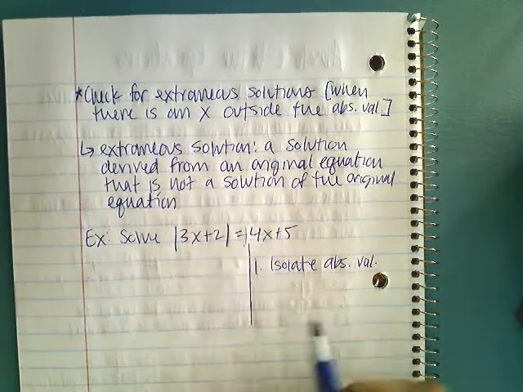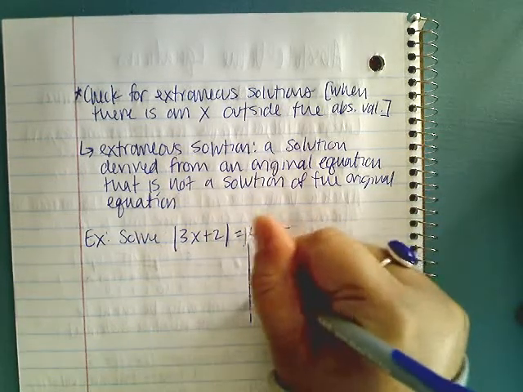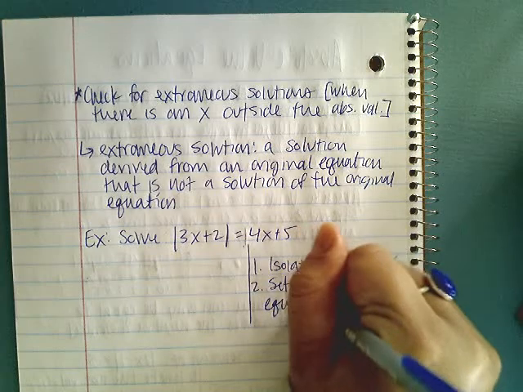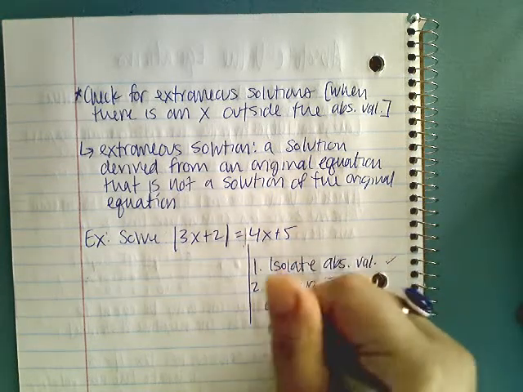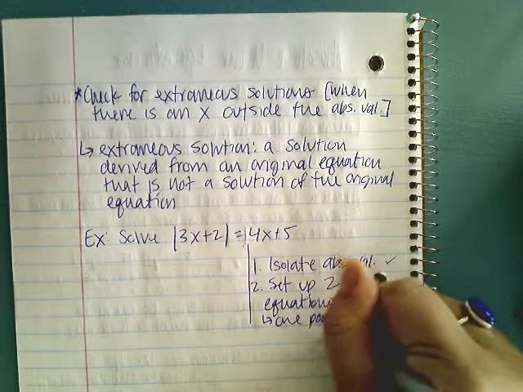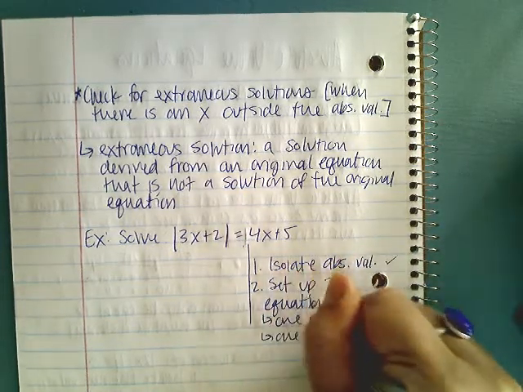So I can just go right ahead and check that step off. So I'm going to go on to step 2, set up two equations. One for the positive direction, one for the negative direction.